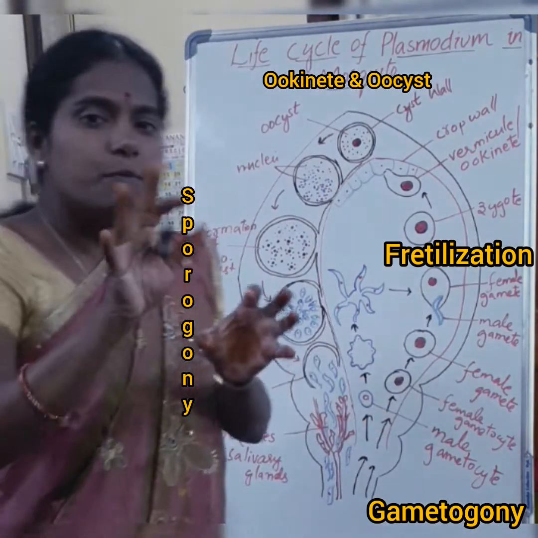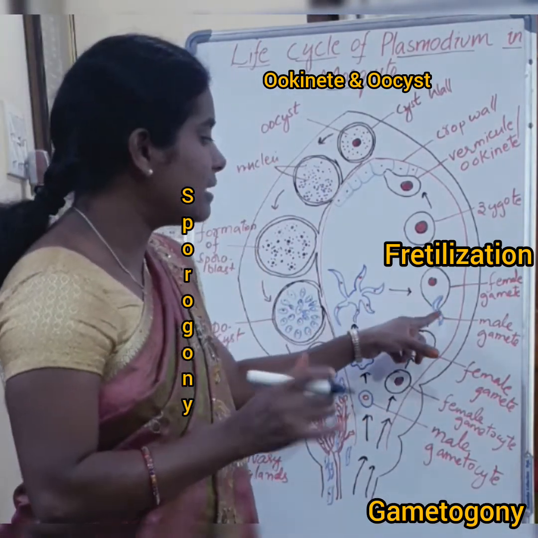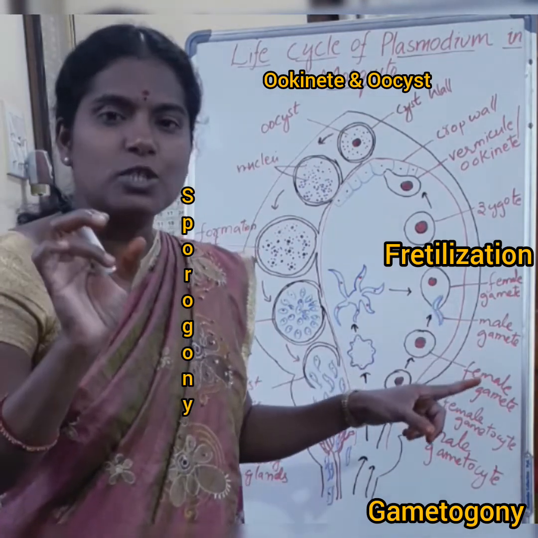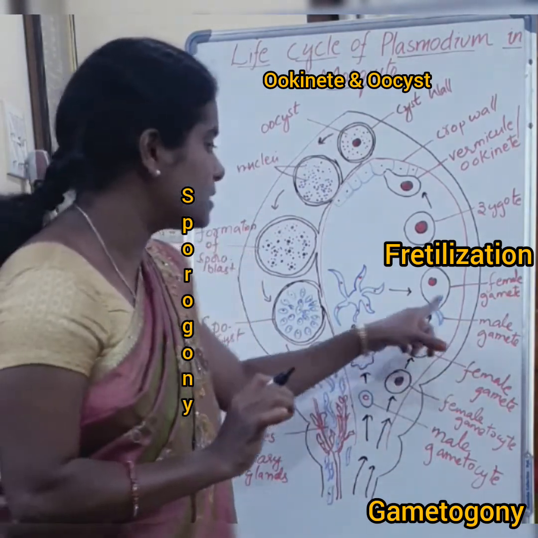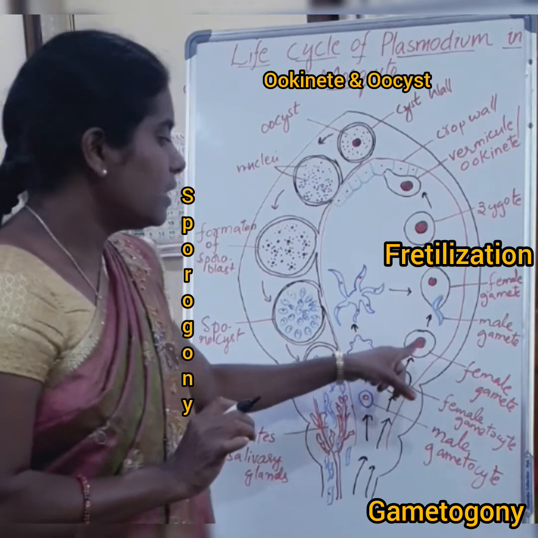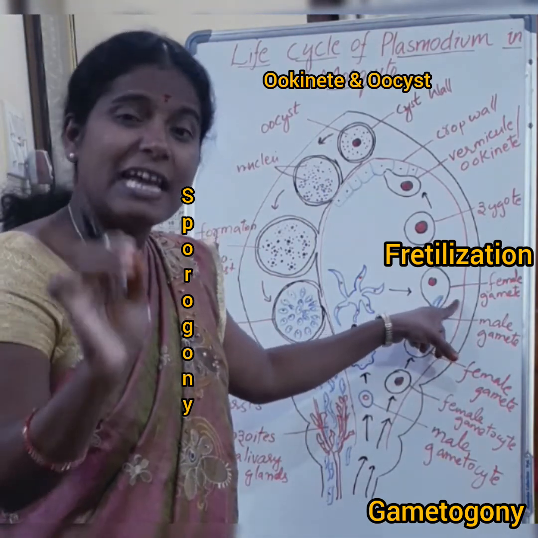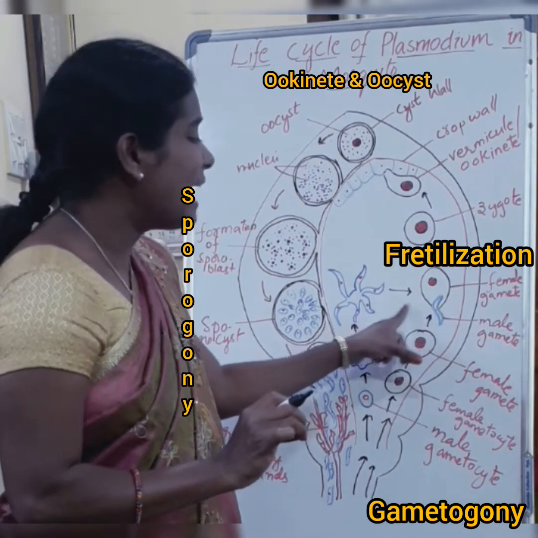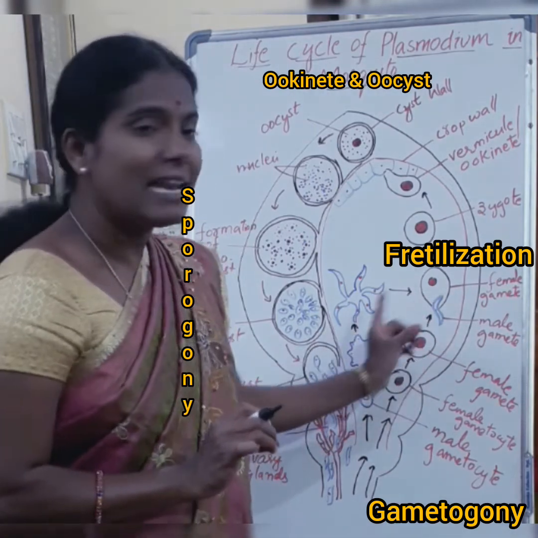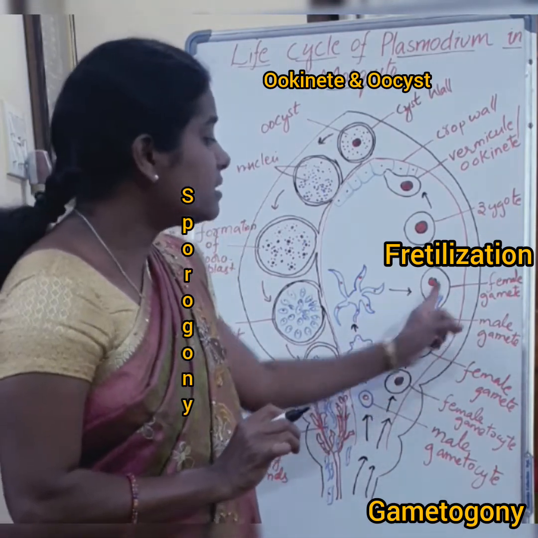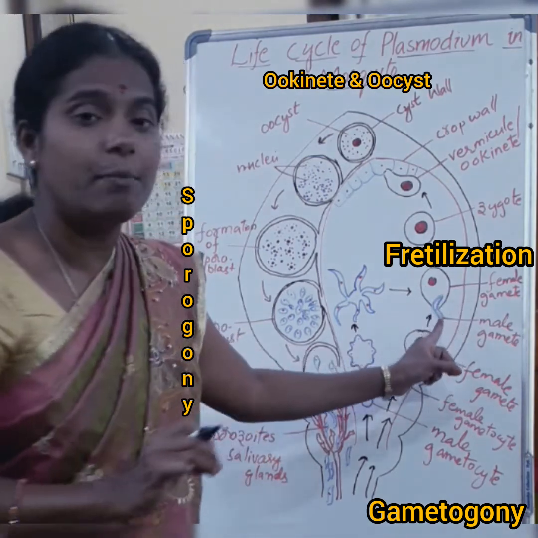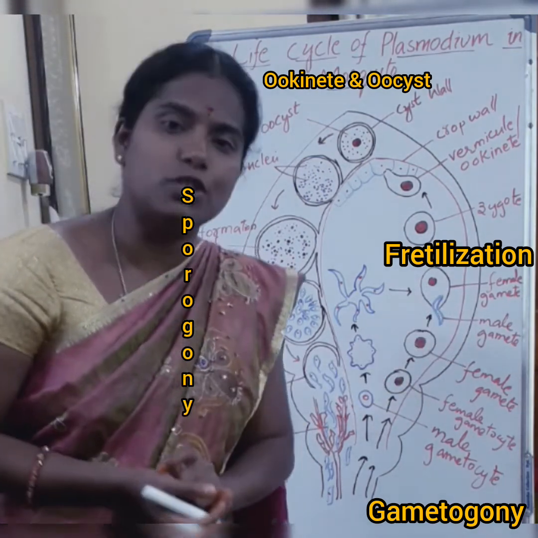In it, the cytoplasm pushes along with the nucleus to form a special cone-like structure called the fertilization cone. The fertilization cone facilitates the entry of the male gamete. The sickle-shaped male gamete enters the female gamete at the place of the fertilization cone.